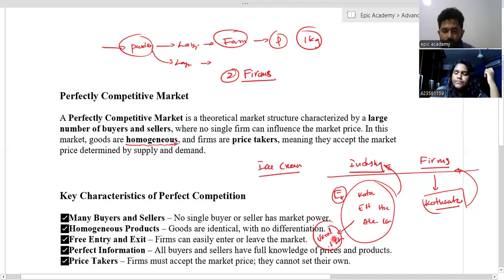Okay, the price decided under the industry is 300 rupees, as an example. If each and every firm in the industry accepts that price, saying yes, this is the price of the vanilla 1 liter, then they become price takers.